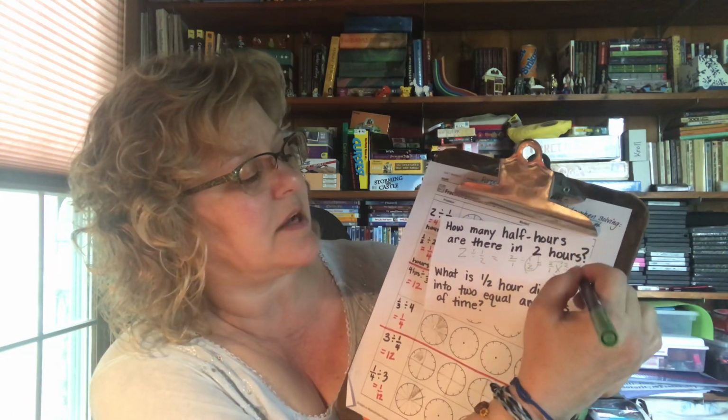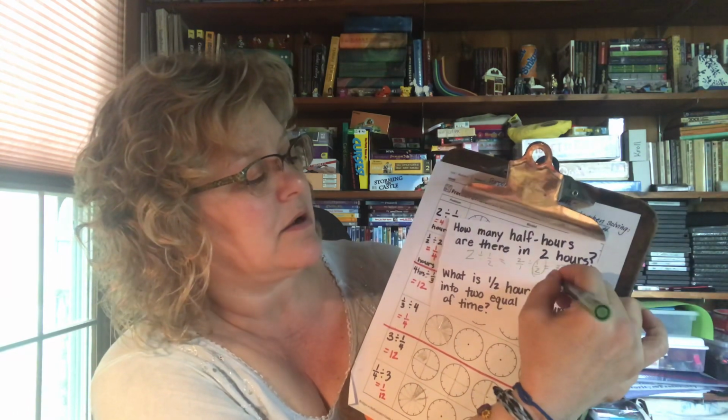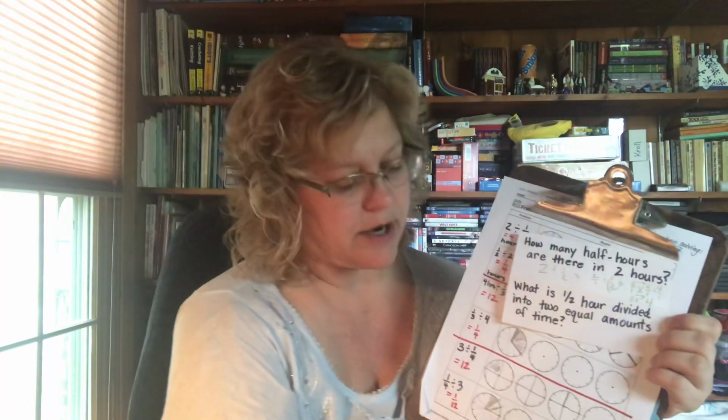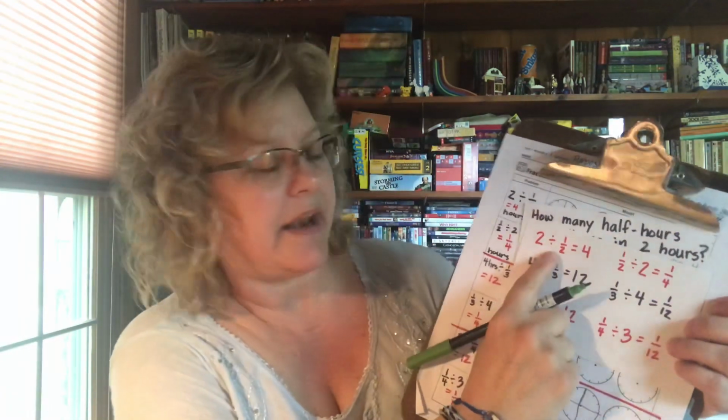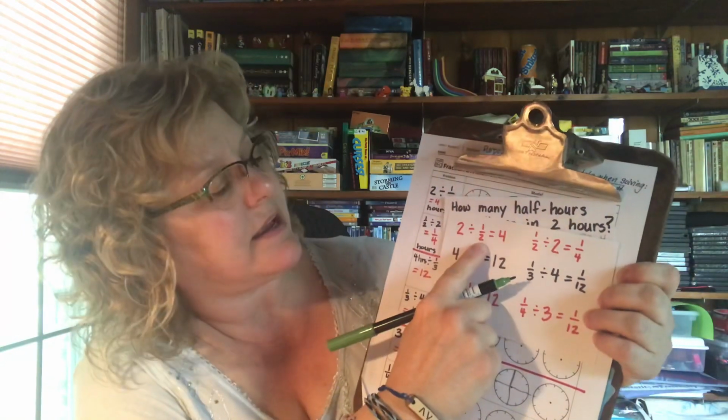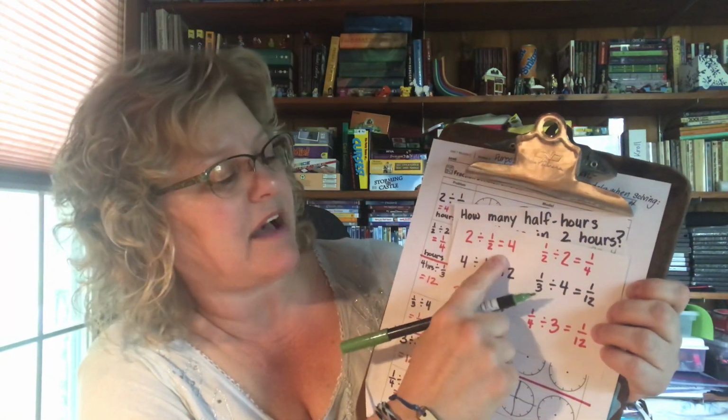What ends up being 4/1 or 4. So if I double check in our paper, we had said that 2 divided by 1/2 equals 4. So that's doing it in the standard algorithm way.